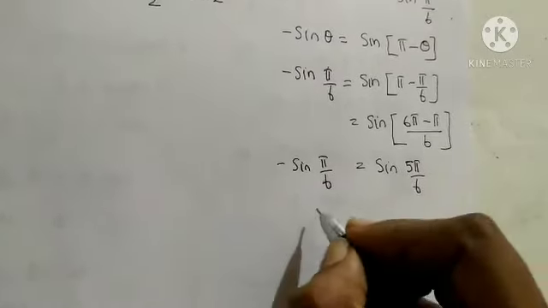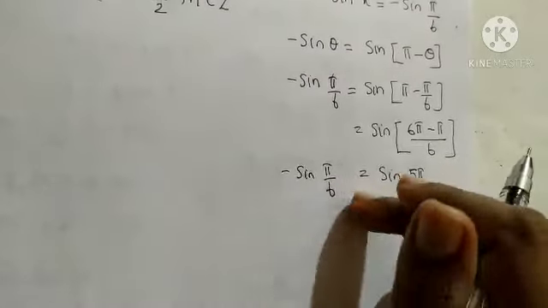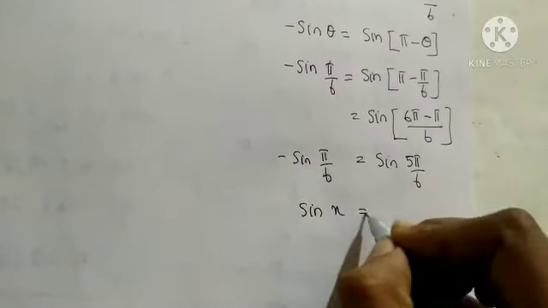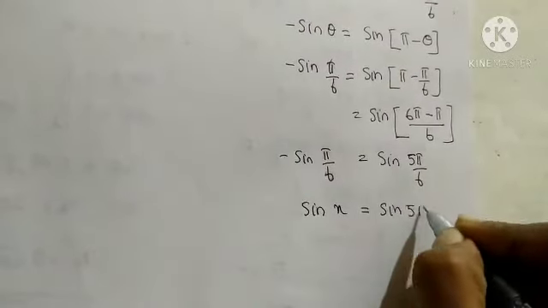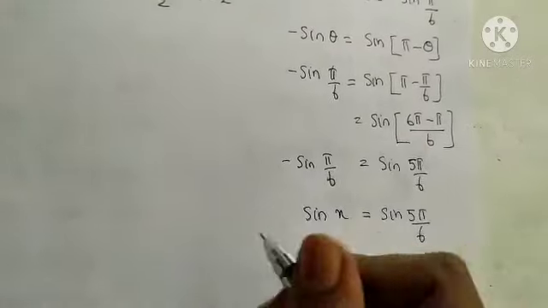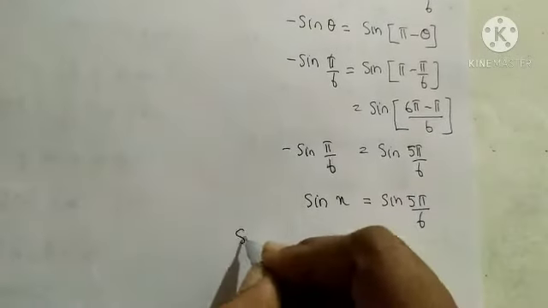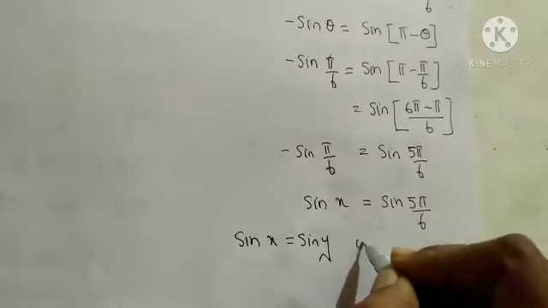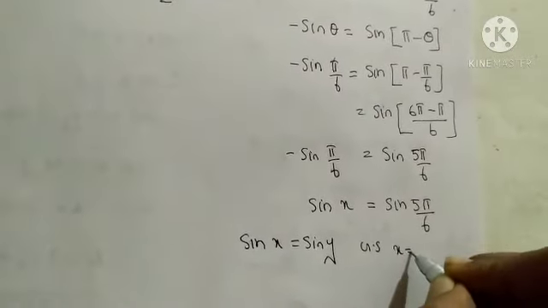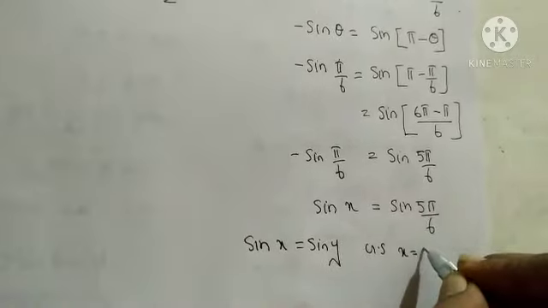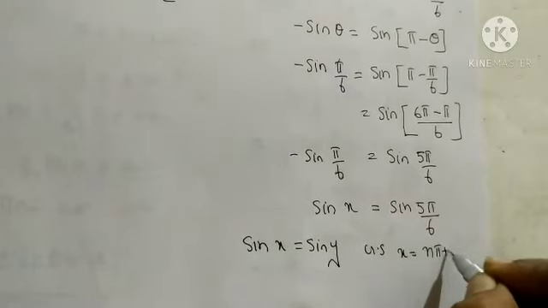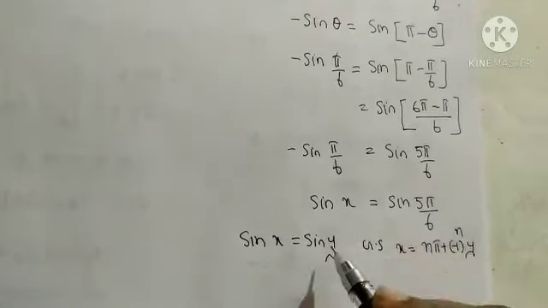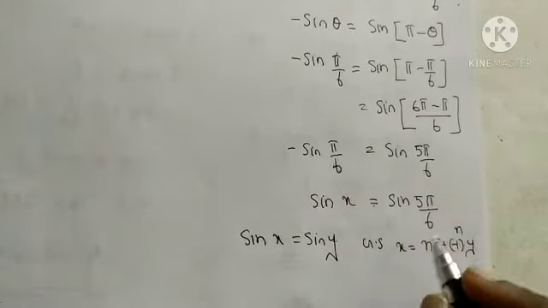Okay, so this can be written as sin x equal to sin 5 pi by 6. In the general solution case, if sin x equal to sin y, the general solution is x equal to n pi plus minus 1 all raised to n into y. Comparing these two, here y is 5 pi by 6.